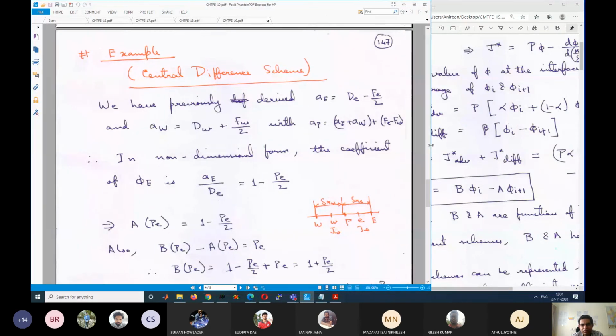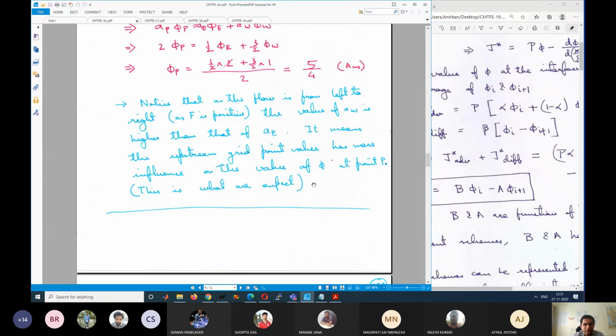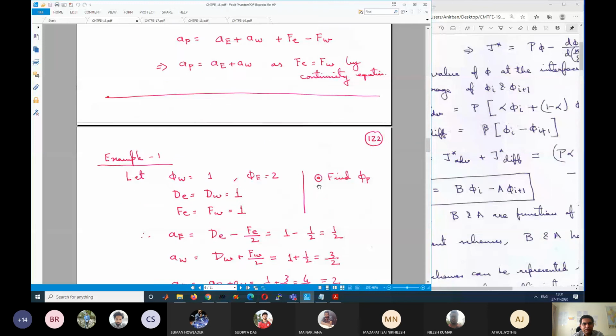Quickly I will go through the example. We have previously derived A_E is equal to D_E minus F_E by 2, and A_W is equal to D_W plus F_W by 2 for the central difference scheme. You can go back to your notes to check this.